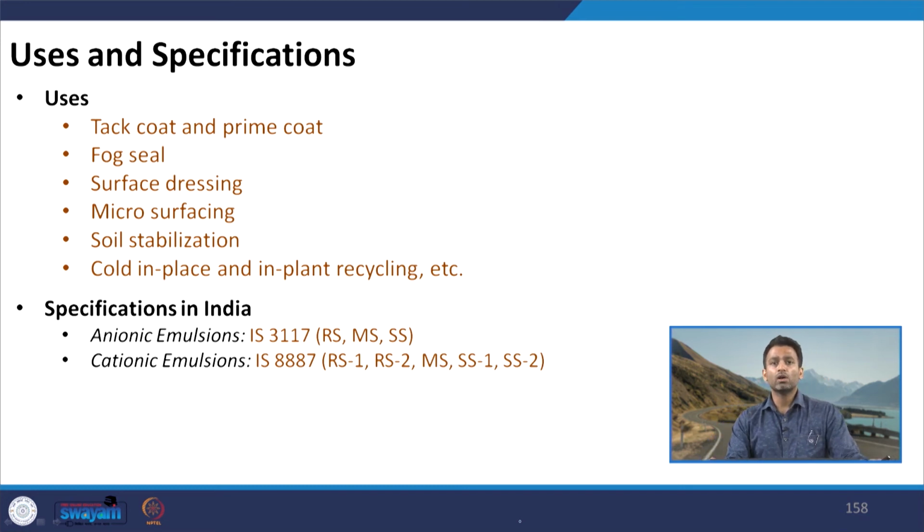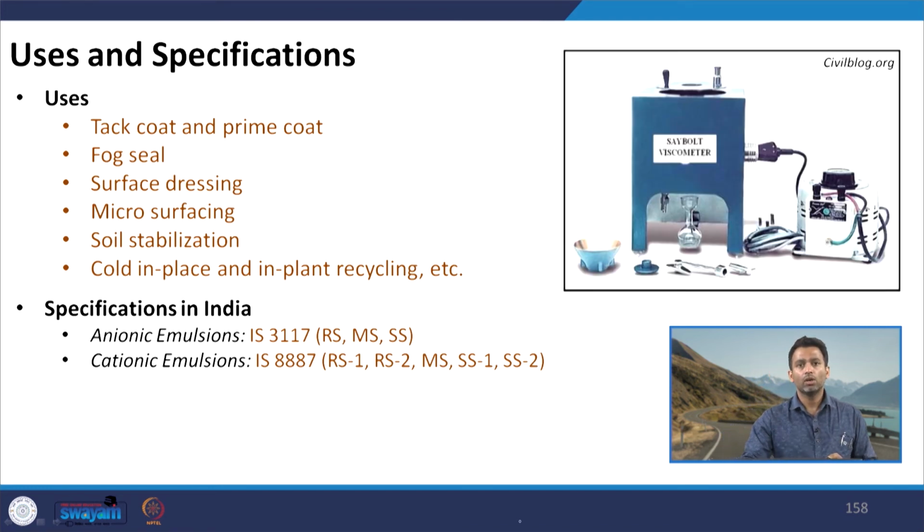For cationic emulsions, the code is IS 8887 and we have 5 different grades here. 2 grades are under rapid setting emulsion, RS1 and RS2. We have 1 medium setting grade and 2 slow setting grades, SS1 and SS2, and there are specific purposes or applications for each of these types of emulsions.